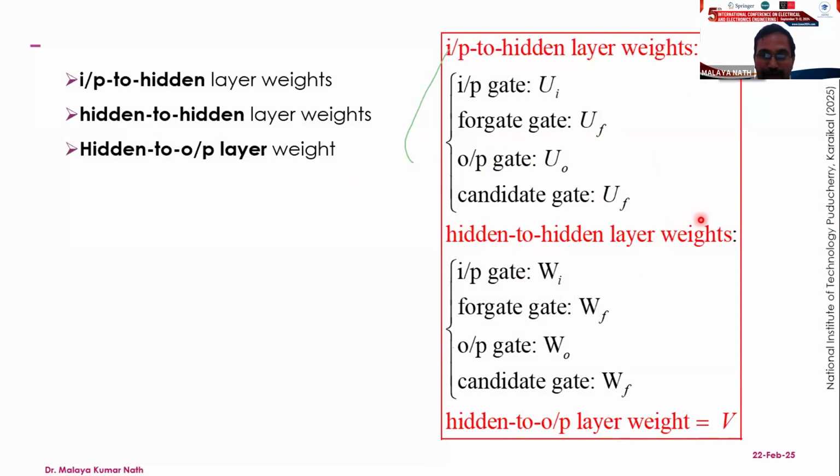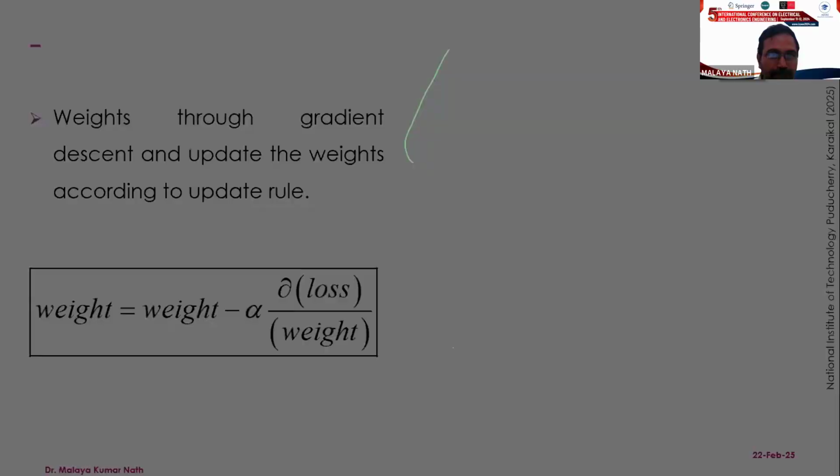Similarly, the hidden to hidden layer weights are represented as WI, WF, WO, and for the candidate gate, so here I made a mistake, this will be UG, not UF. Similarly, this is equal to WG, not WF. Now the hidden to output layer weight is represented by V.